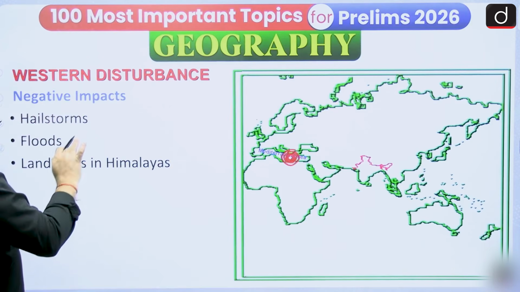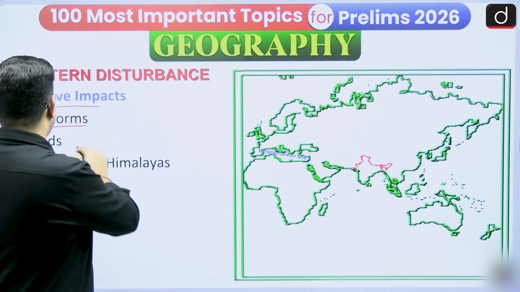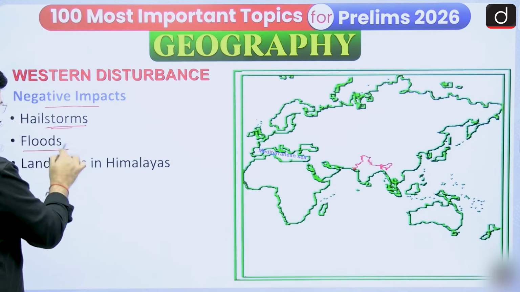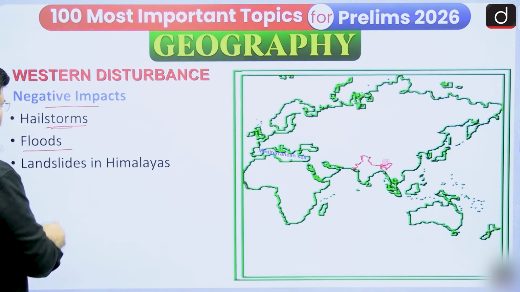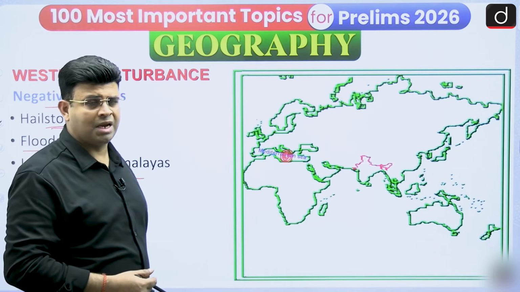Sometimes western disturbance has negative impacts also: hailstones, and floods when very heavy rainfall takes place, and the Himalayan region may sometimes see landslides because of heavy rainfall.